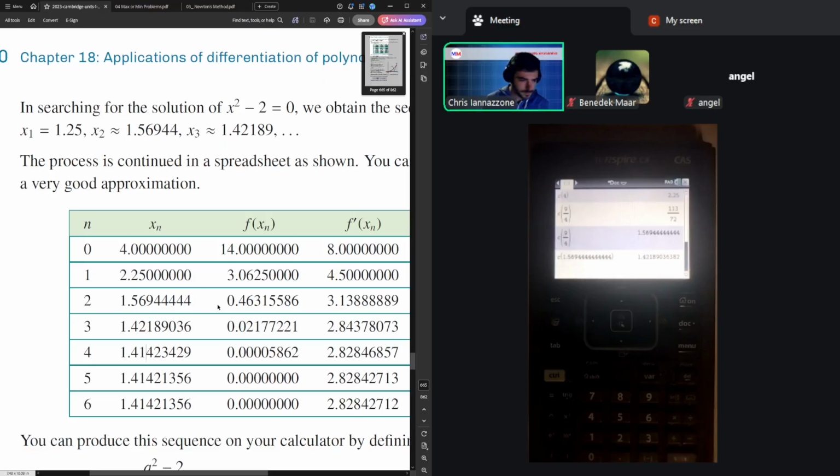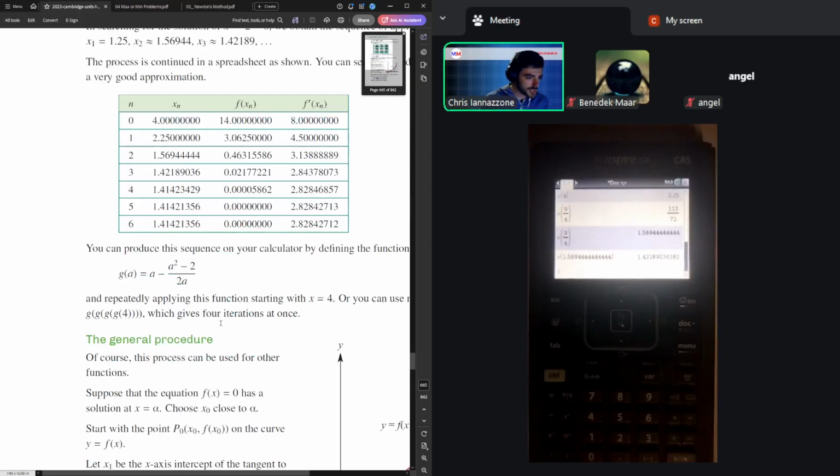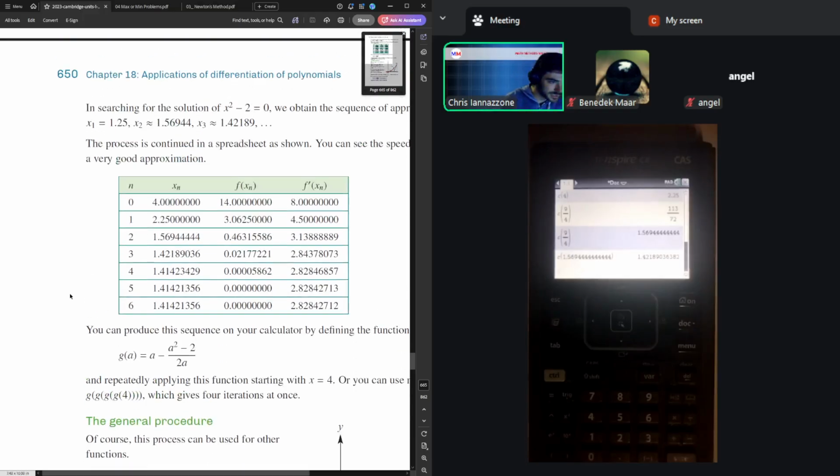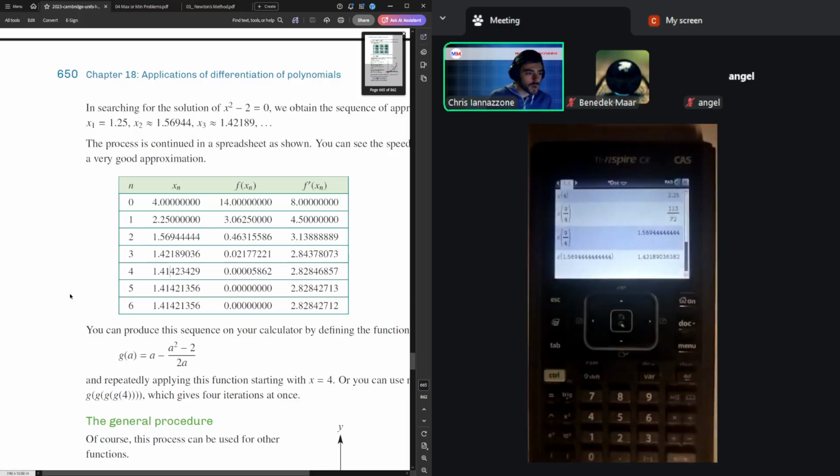Okay, cool. So, the way these questions end up being worded in an exam scenario or a SAC scenario is going to be one of two things. One is that you're starting with your x value and it says how many iterations did it take to get to a certain number of decimal places.